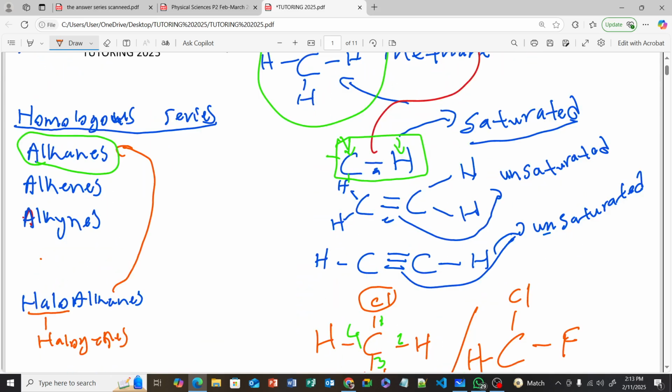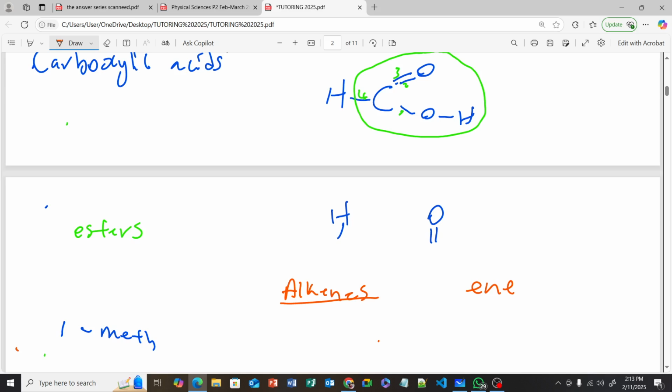So the second part is the alkene. If you look at this properly, here we are dealing with alkenes. So what did we say alkenes contain? They contain a double bond. Okay, now let us check.